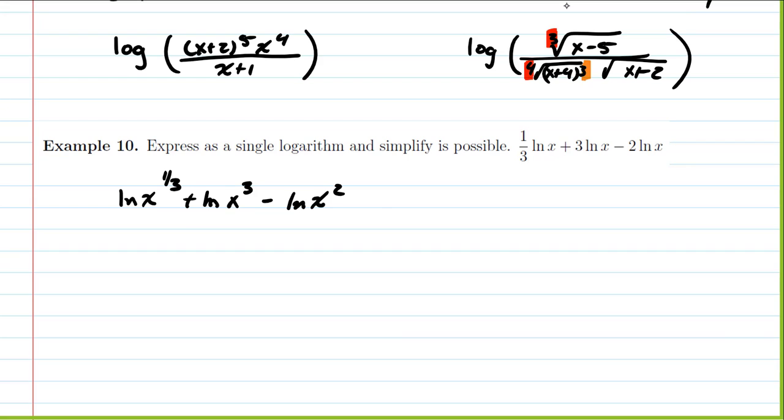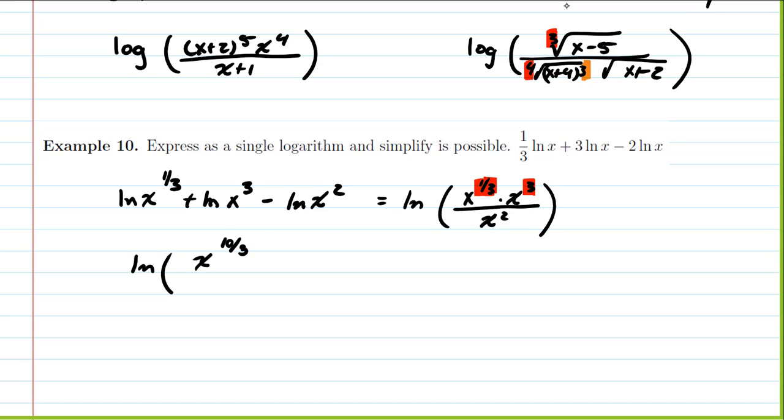So then, using our rules, that's going to be the natural logarithm of x to the 1/3 times x cubed all over x squared. Oh, well now I'm multiplying things with the same base, so I can just add them up. So that gives me, in the numerator, 1/3 plus 3 is going to give me 10/3.